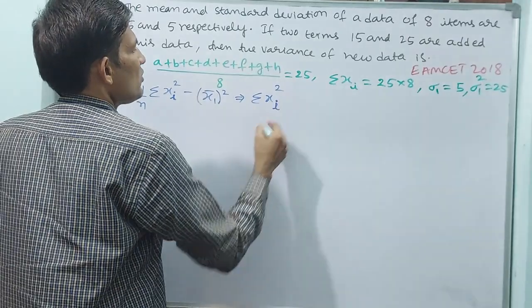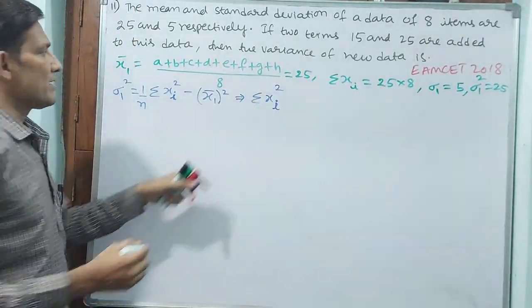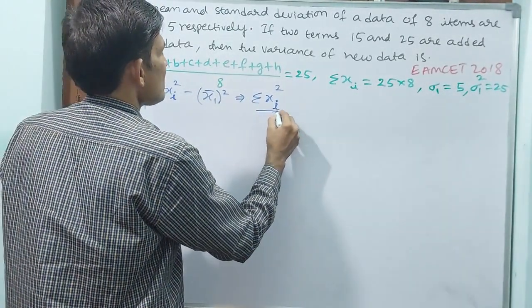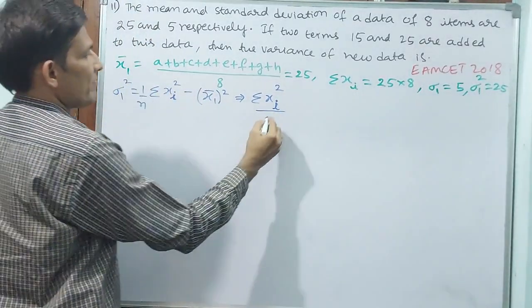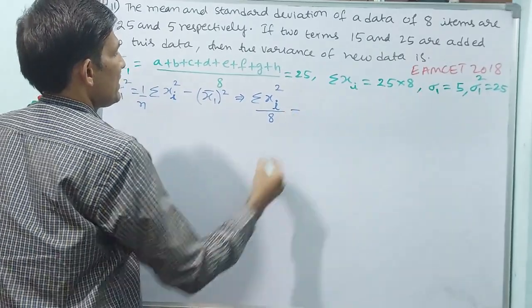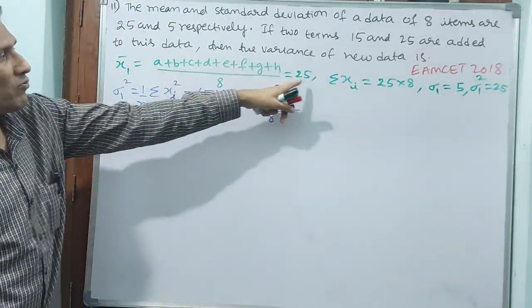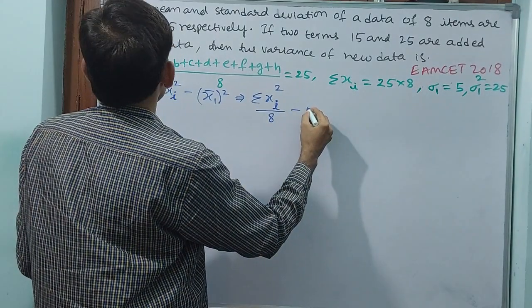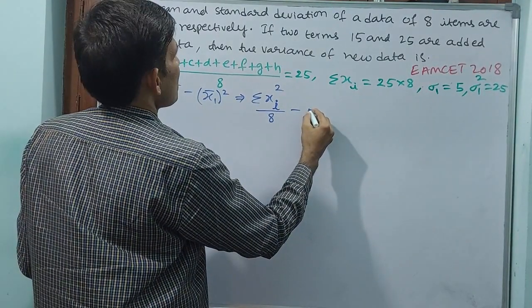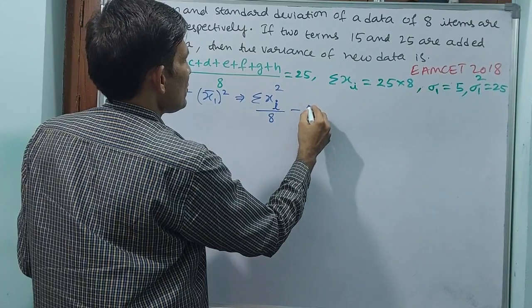Sigma xi square divided by n, but the n value you know, n is 8, minus x1 bar square, 25 square. Okay, that means it's 625.